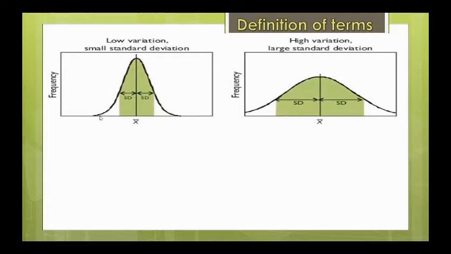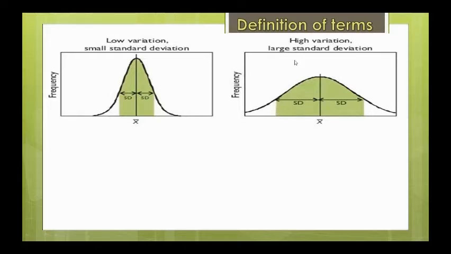So, the graph is narrow or narrower compared to the second graph. So, yung spread niya, makikita nyo dito yung standard deviation, maliit lang yung spread niya. So, compared to the second graph, it has a high variation or high value of the variance and large standard deviation.